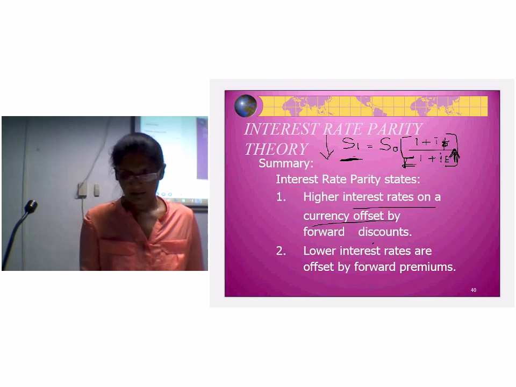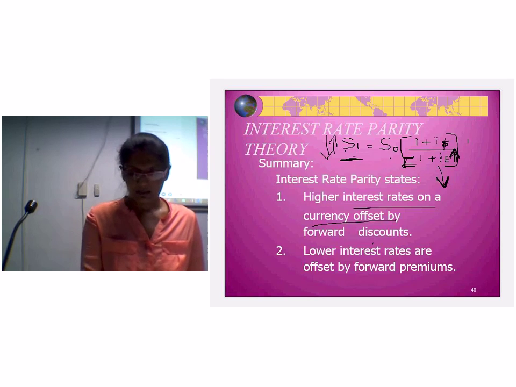If the interest rate is lower, the denominator is lower, we have to multiply this by a higher number. That means this will be higher, right?